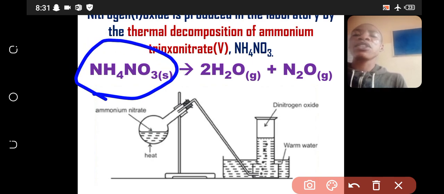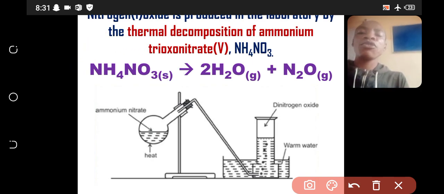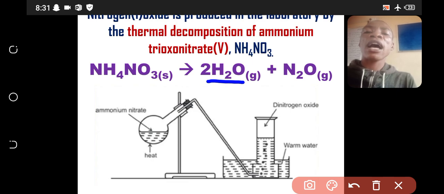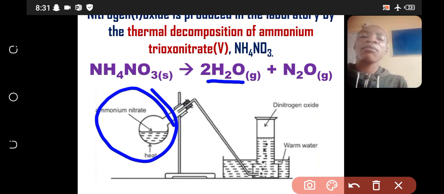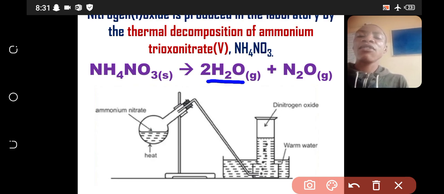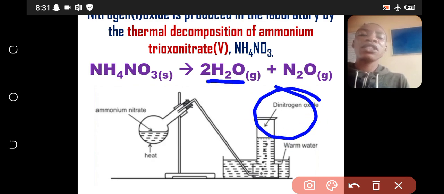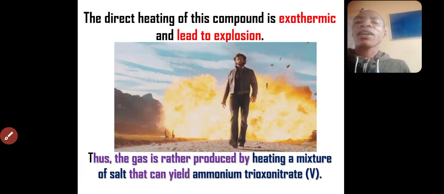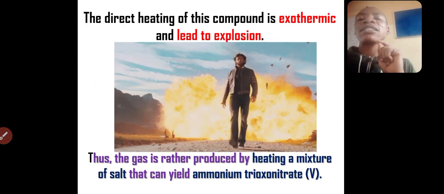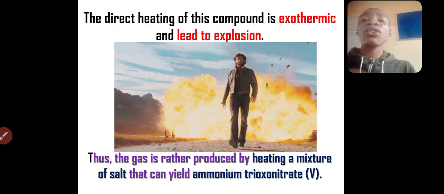When you decompose the compound, it normally gives you water and N2O gas. So as you can see in the diagram, when you heat the compound, it gives you water and dinitrogen 1 oxide gas. But heating this compound directly is not advisable because the reaction is exothermic and can lead to explosion.